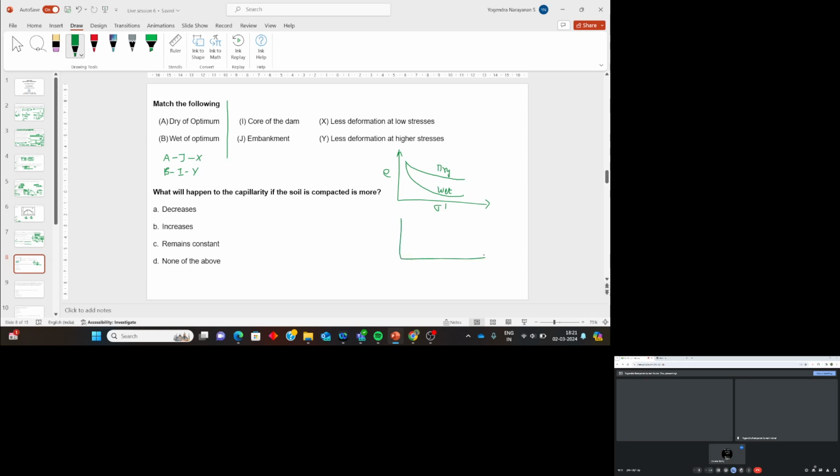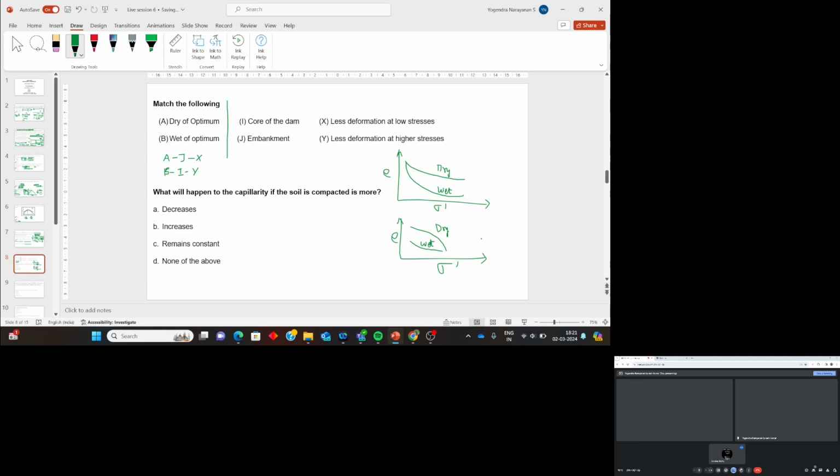And for higher stresses, the curve will be like this, this is dry, this is wet.